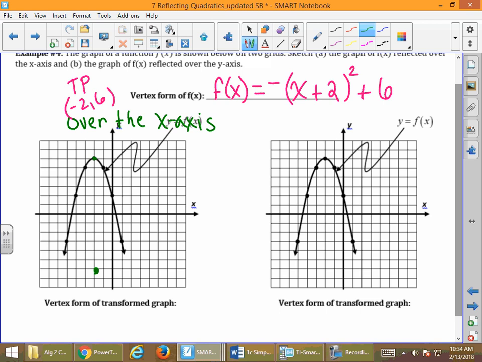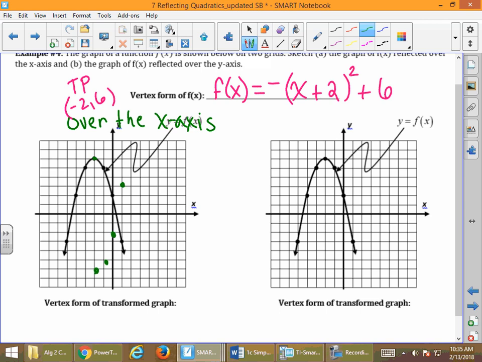We're on the next point, looking at the point negative 1, 5. Well, it's 5 spaces above the x-axis, so we're going to go 5 spaces below. 0, 2 is going to become 0, negative 2. 1, negative 3 is going to become 1, 3.